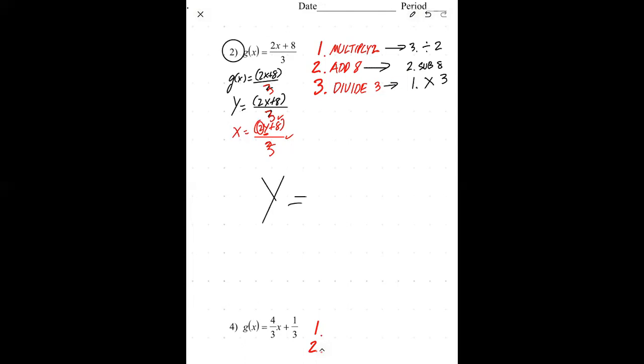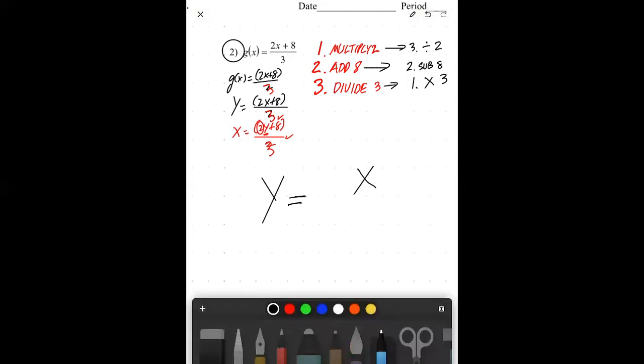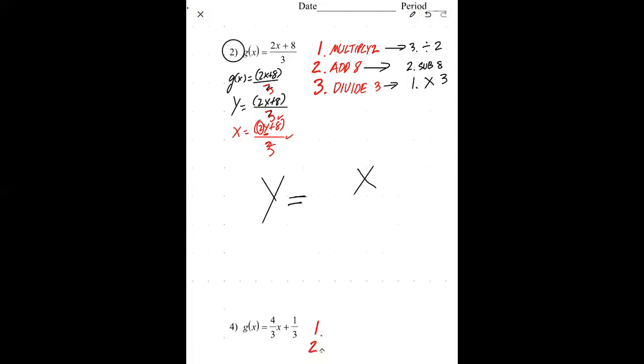So when we're trying to get y by itself, I got y by itself, and I know there's going to be an x on the other side. So now I'm just going to perform those operations that we've listed on the x. I'm going to multiply it times 3, and then I'm going to subtract 8, and then I'm going to divide the whole thing by 2.